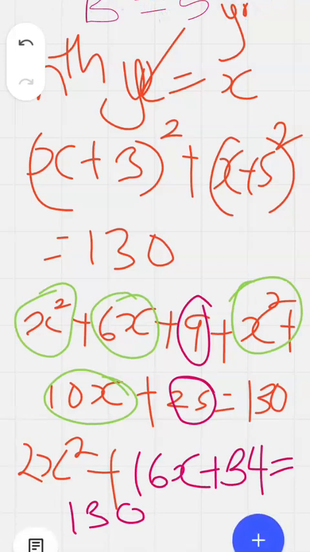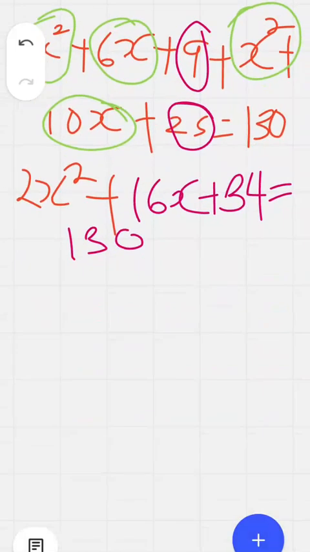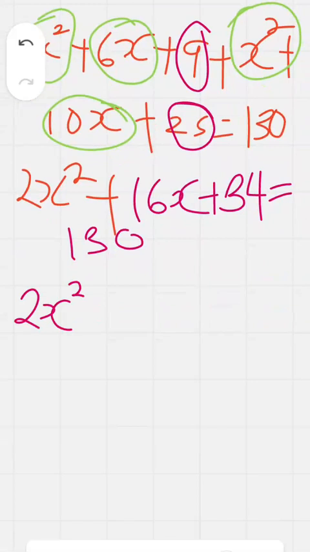So how do we solve a quadratic equation? We can use many formulas, but I'll go for the simpler one. But before then, let's finish simplifying. So we'll have 2x squared plus 16x plus 34 equals 130.